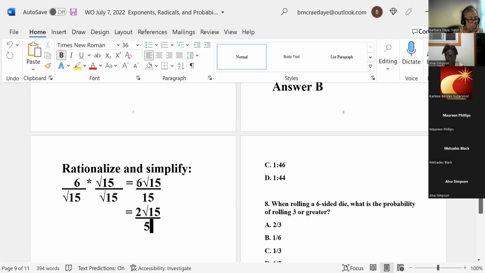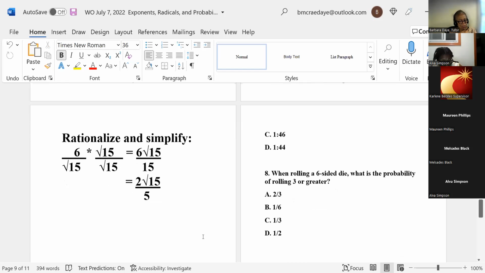Reduce it to the lowest terms. 3 into 6, 2 times. 3 into 15, 5 times. So you say 3 into 6, 2, and 3 into 15, 5. That's right. That's the reason why you put 2 and the sign with 15 over 5. That's it.